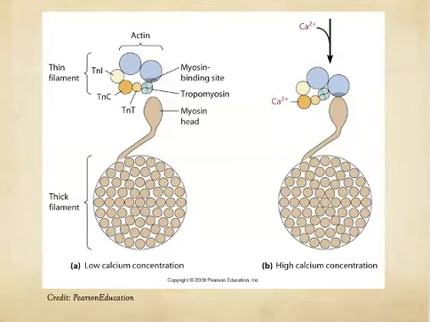Now on this slide, we're looking at a couple of very unusual drawings. We're looking at a thin filament and a thick filament in contact, but in a very strange point of view. So this right here represents the bundle of myosin that represents a thick filament, or at least one end of a thick filament.